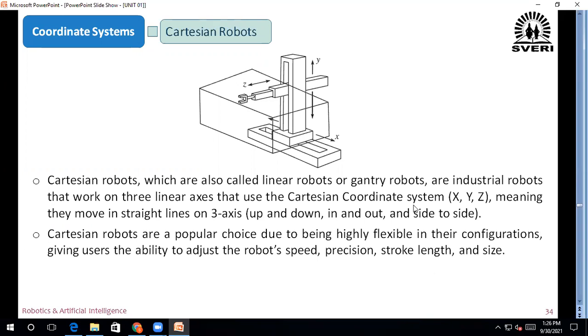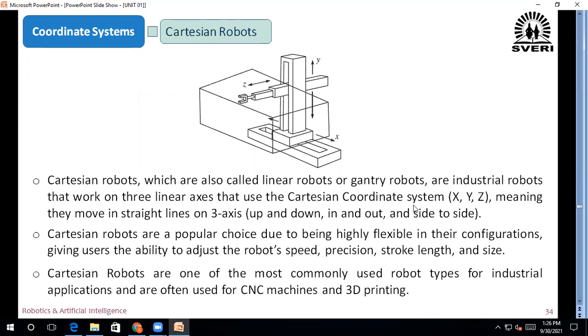Cartesian robots are a popular choice due to being highly flexible in their configurations, giving users the ability to adjust the robot's speed, precision, stroke length, and size. They are one of the most commonly used robot types for industrial applications and are often used for CNC machines and 3D printing.